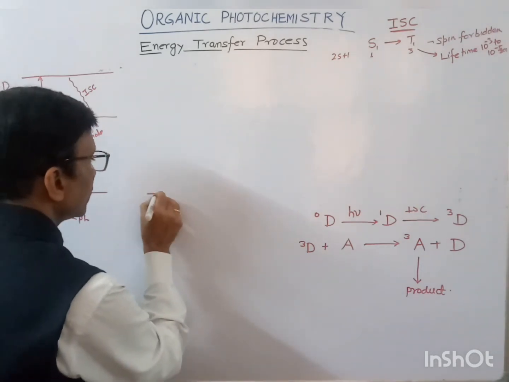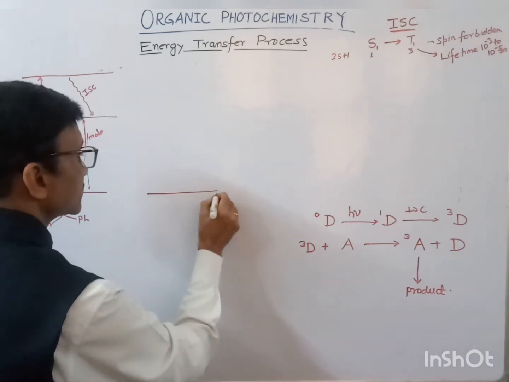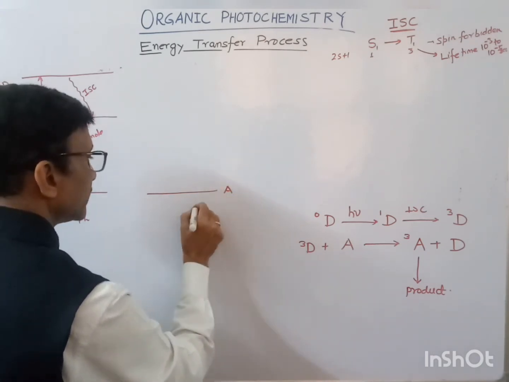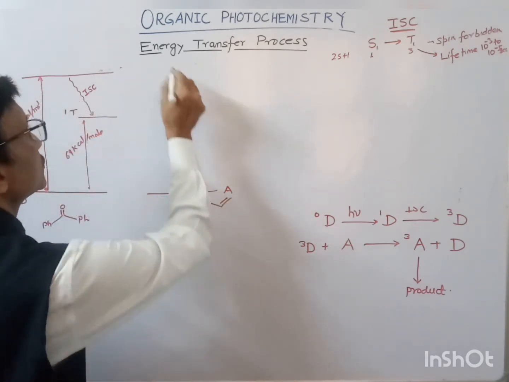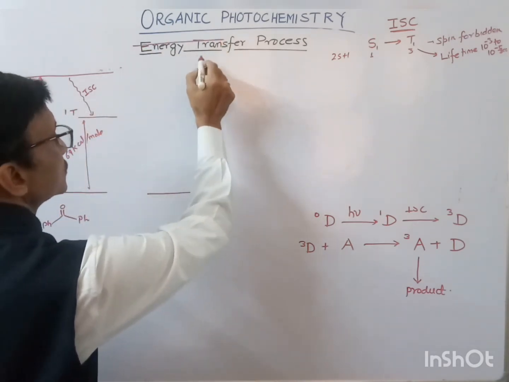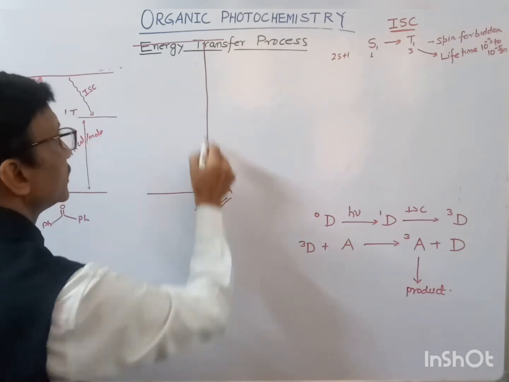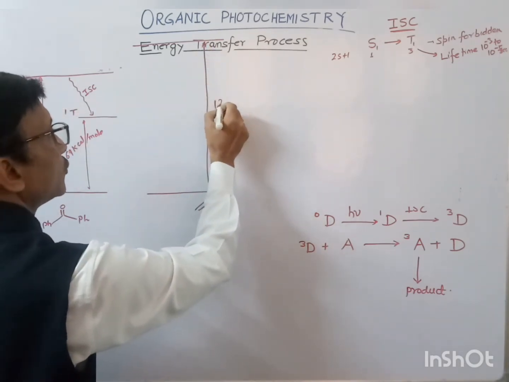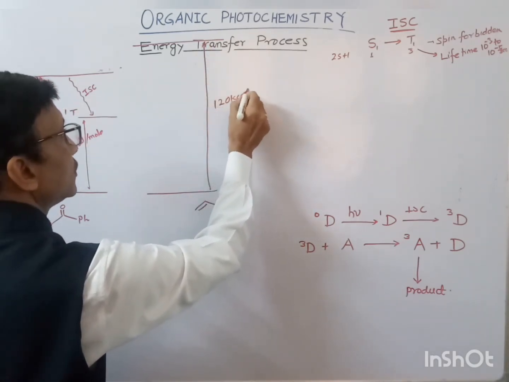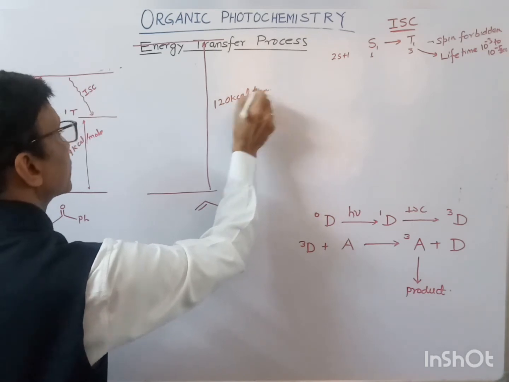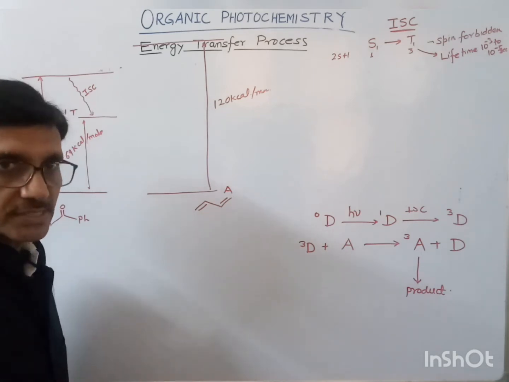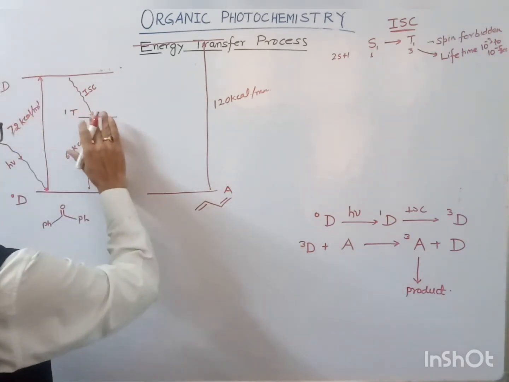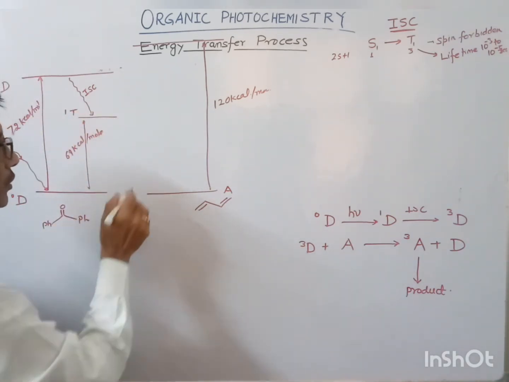Suppose this is the acceptor A, our butadiene system, and for this butadiene this energy is very high, suppose around 120 kilocalorie per mole, and it cannot generate the triplet state very easily, so we need a donor molecule.